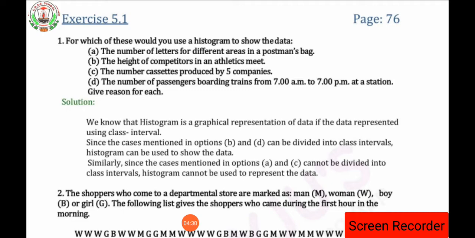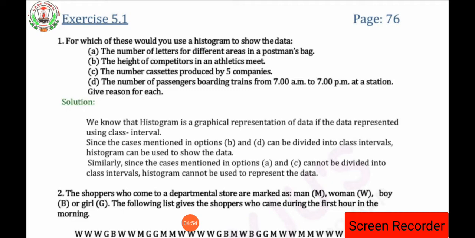Why is the double bar graph used? It is used because when two sets of data are given in the question, it is very simple to draw with the help of a double bar graph, and it is also useful for comparing the data.